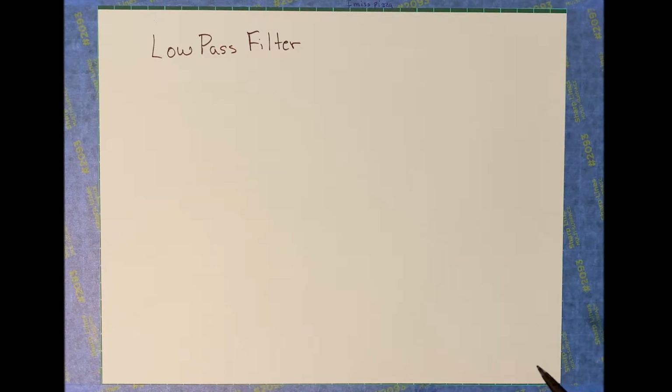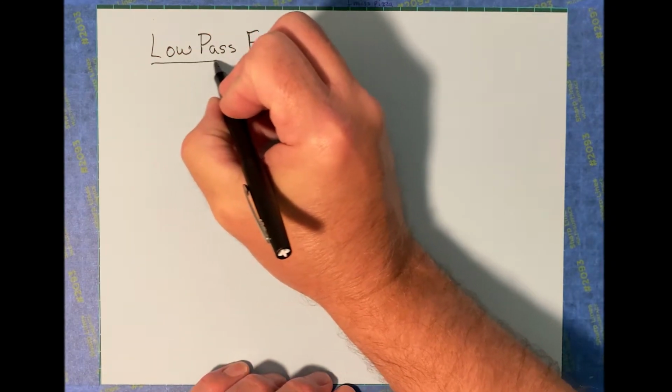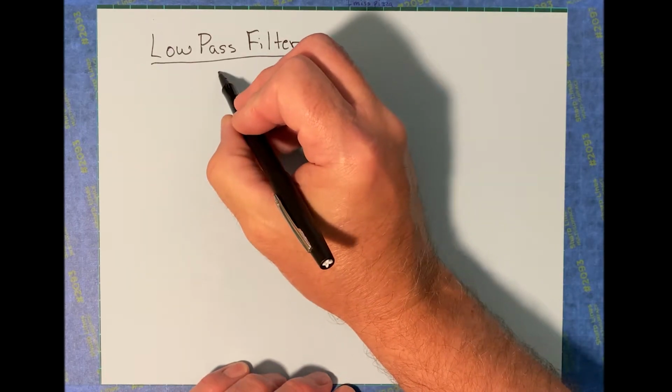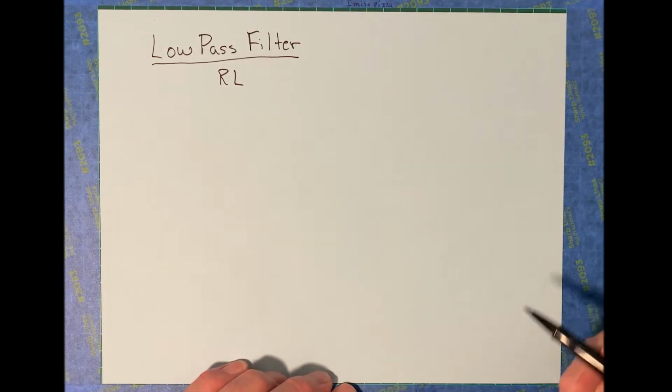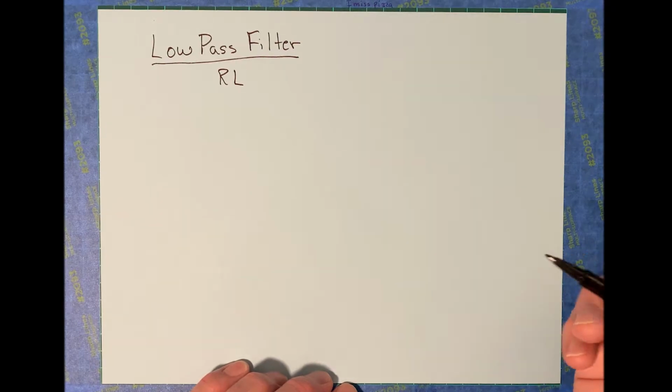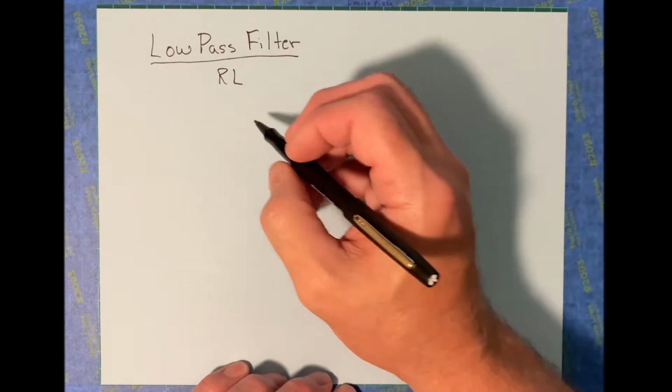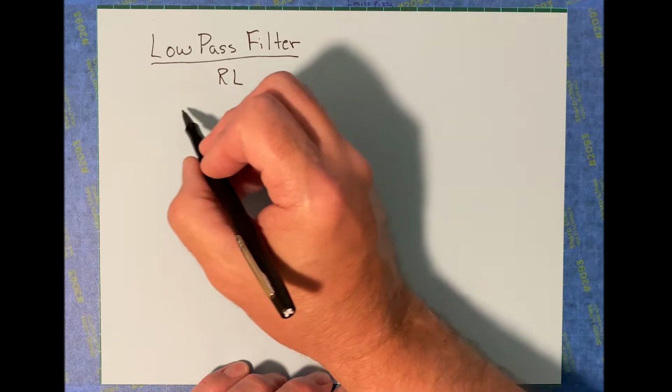All right, well, let's get right to it and talk about low-pass filters. There's a number of ways that you could do a low-pass filter. We're going to use RL circuit components with a sinusoidal source to create a low-pass filter. This is a pretty simple type of filter to make.